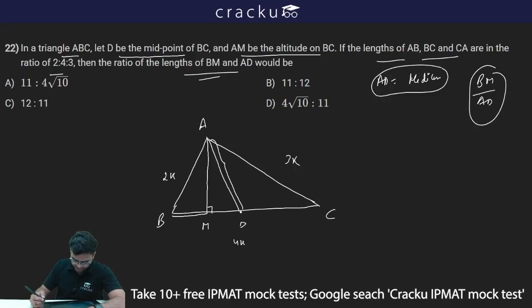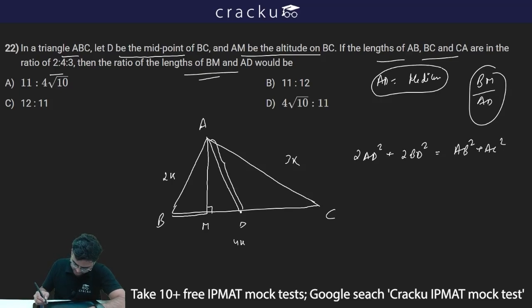First of all, if we apply the Apollonius theorem on triangle ABC, which says 2 into median square plus 2 into half of the base square is equal to the sum of the squares of the sides, the formula goes like 2AD square plus 2BD square is equal to AB square plus AC square.